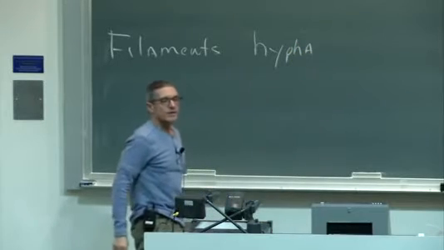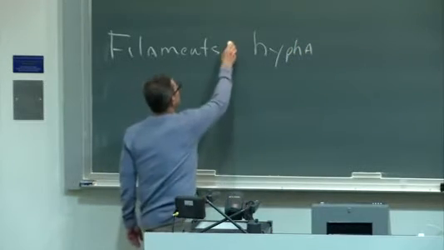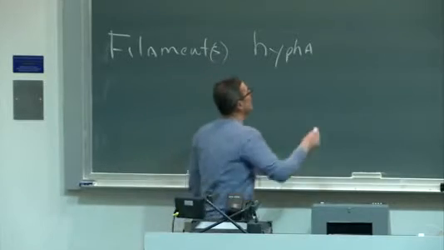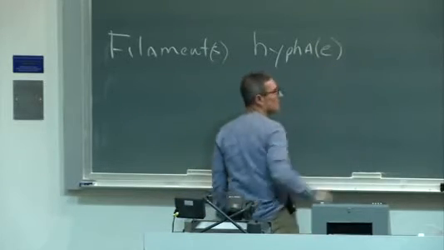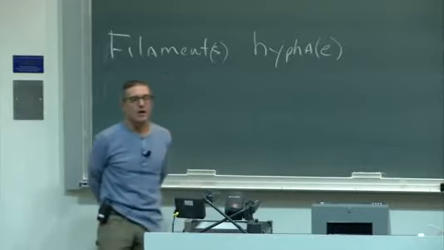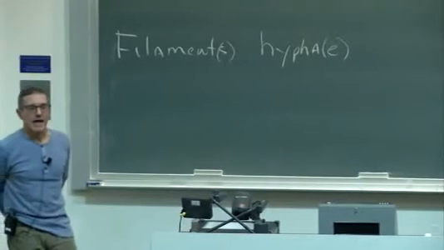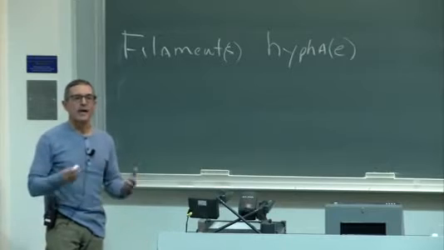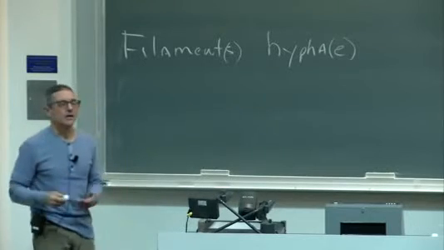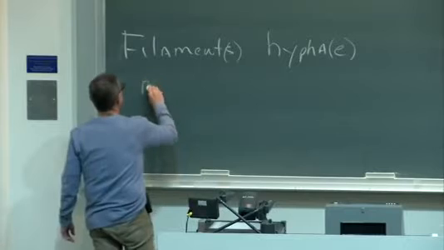If you have several filaments together, we add an E onto this and we call it hyphae. So a number of filaments together we call hyphae. And if you have many, many hyphae, then we call this a mycelium.